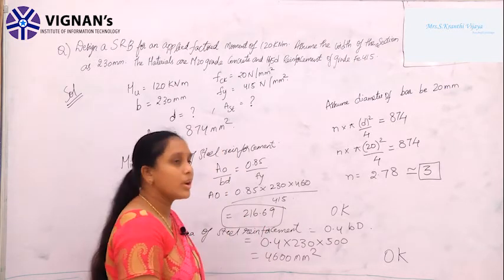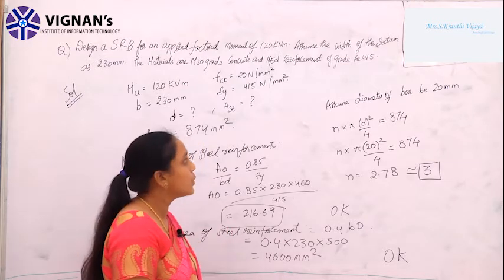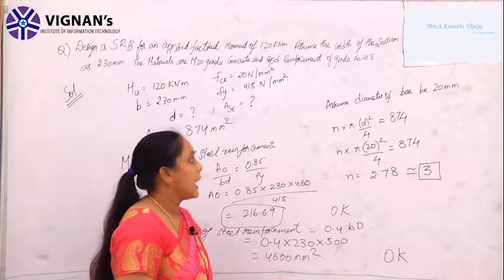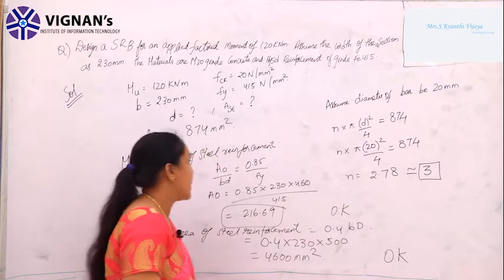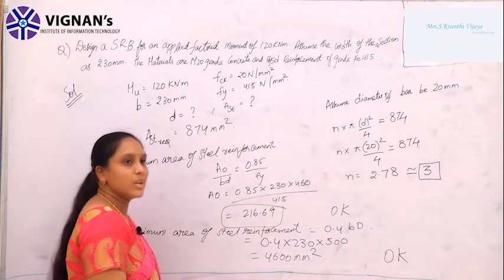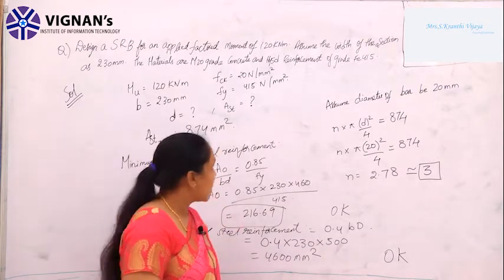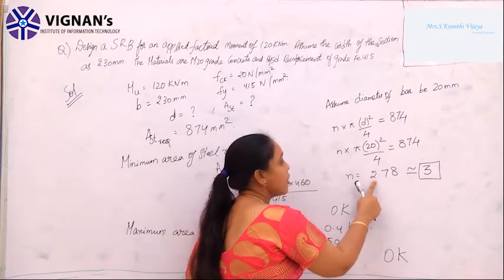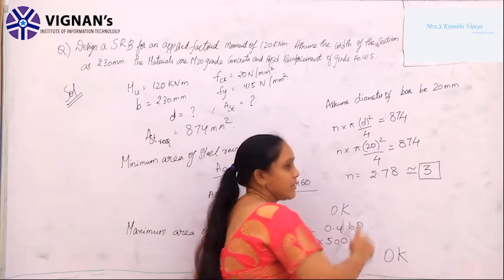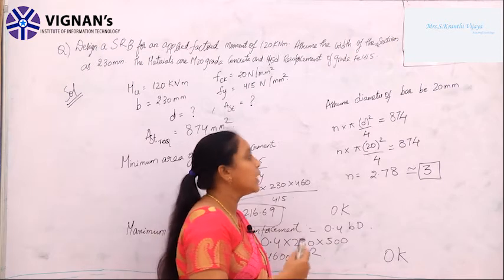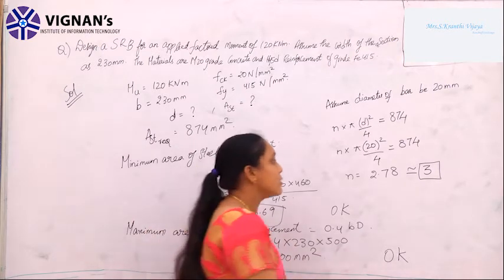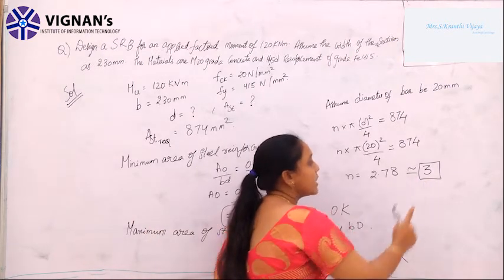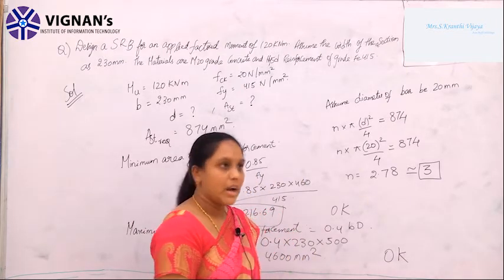Now you can do one more thing also. You can find out the area of steel which is provided. Here it is the area of steel which is required. For the required area of steel, the number of bars you have got is 2.78. But you cannot provide 2.78 bars. So for that reason I have approximated it to 3 bars.